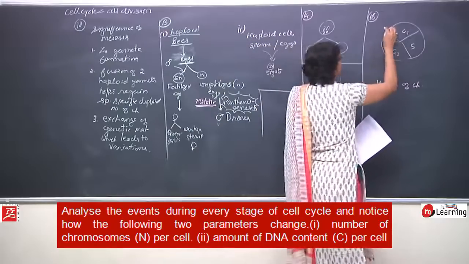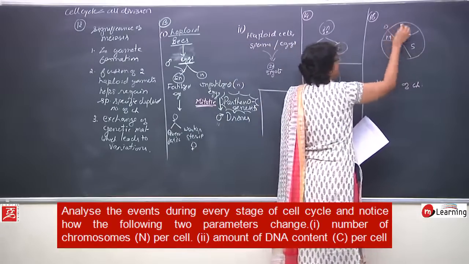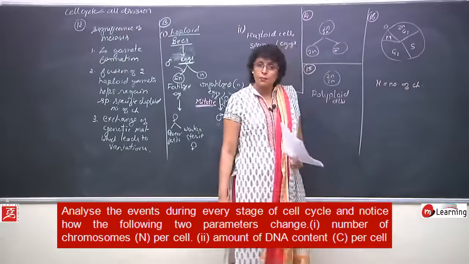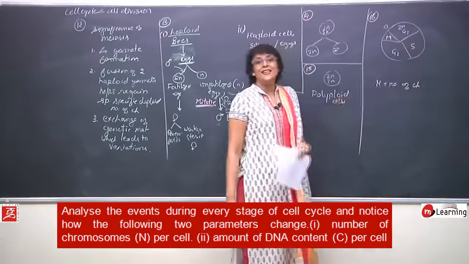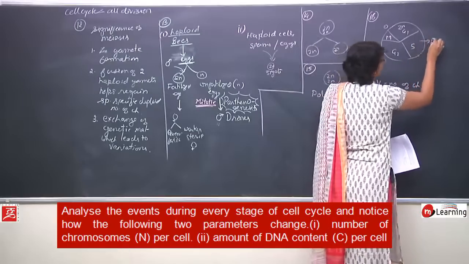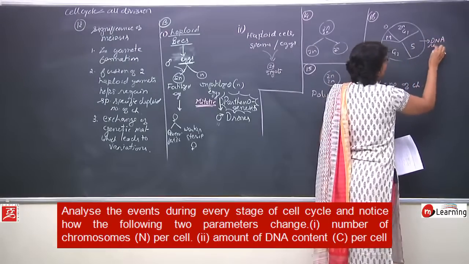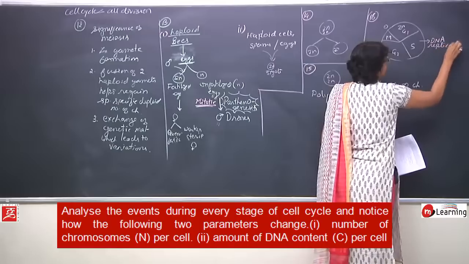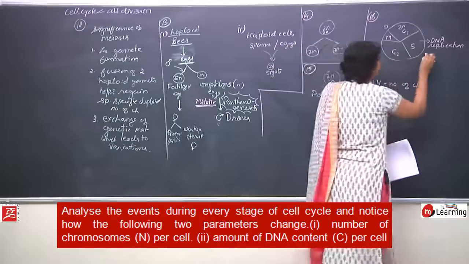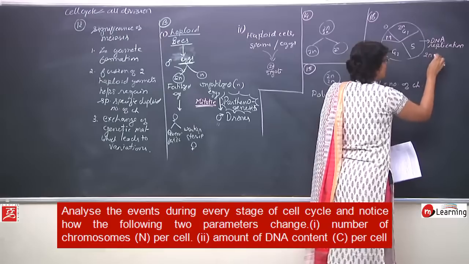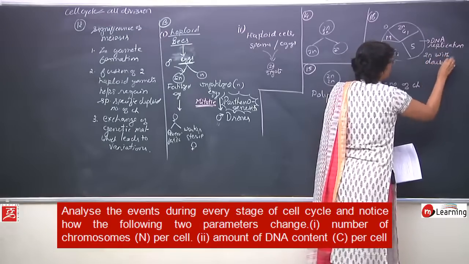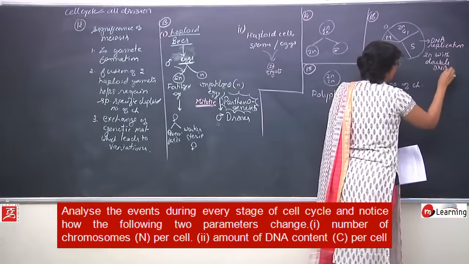Now, when the cell enters G1 phase, the number of chromosomes here is 2N, it is a diploid cell. What happens in S phase? It makes a copy. So here DNA replication takes place. So chromosome number remains 2N, but with double DNA content.